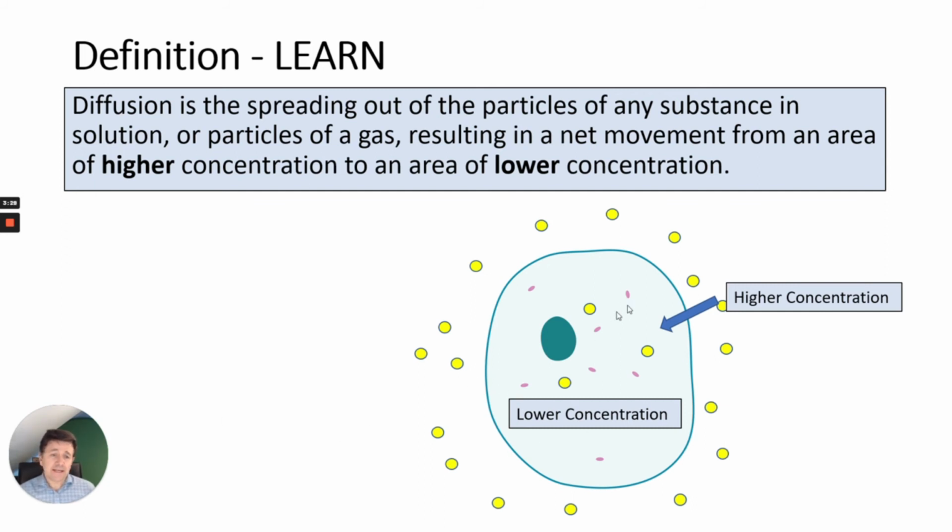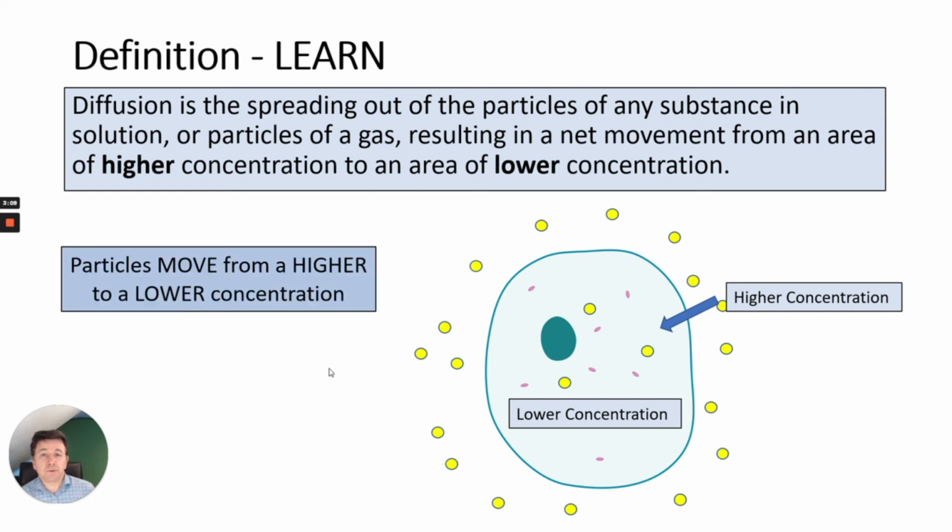So what we have here is a cell, and you can see inside the cell there are some, let's say that's oxygen, okay, and there's less oxygen inside the cell, and there's a higher concentration outside the cell, and what will happen is that there'll be a net movement from outside to inside the cell. So particles move from a higher to a lower concentration.